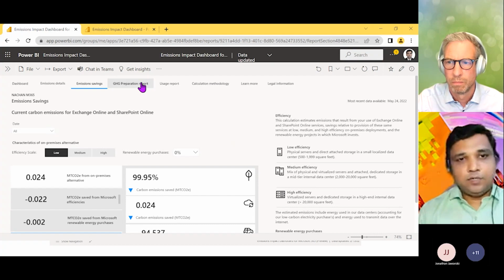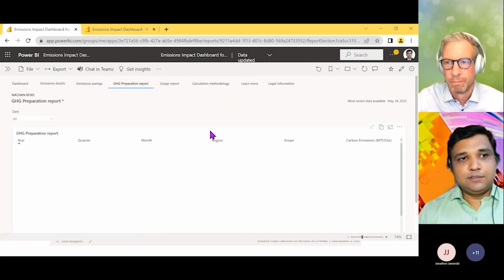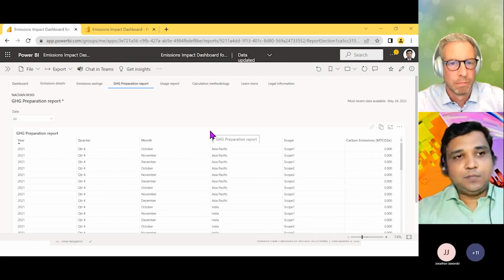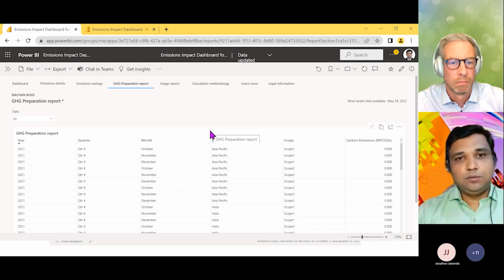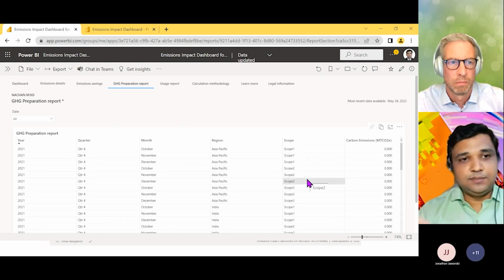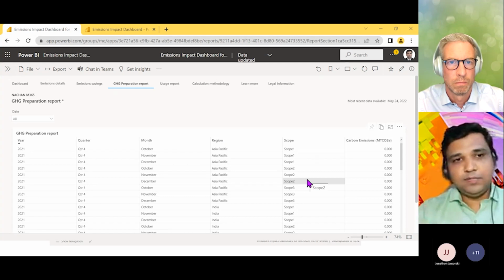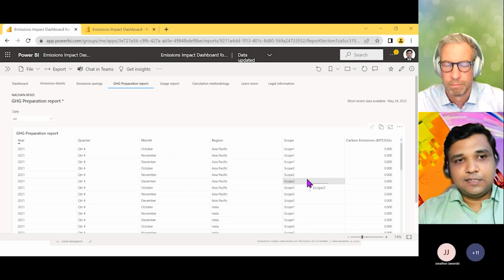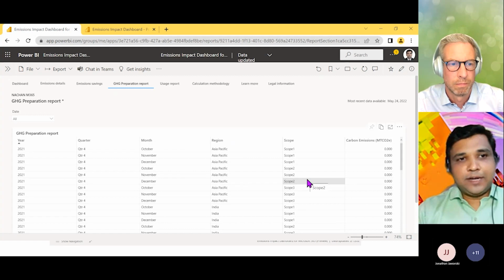Another important report that we have here is the GHG preparation report, which is the greenhouse gases preparation report. The methodology behind the dashboard calculation includes three scopes: scope 1, 2, and 3, which you can see here. Scope 1 includes direct emissions resulting from business activities, such as stationary combustion of fuels for backup power generation in the cloud data center.